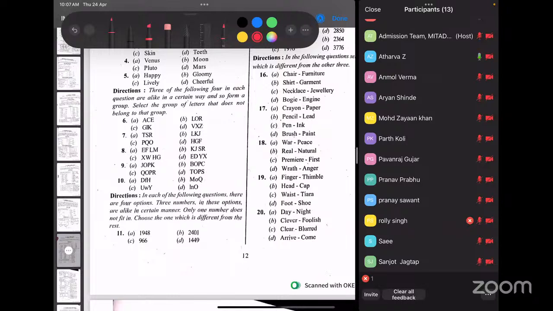All others are close in alphabetical order. That's the logic. In option B, sir, B, O, P, C. B and C are very far away. From PK, OP, PR, and PS.